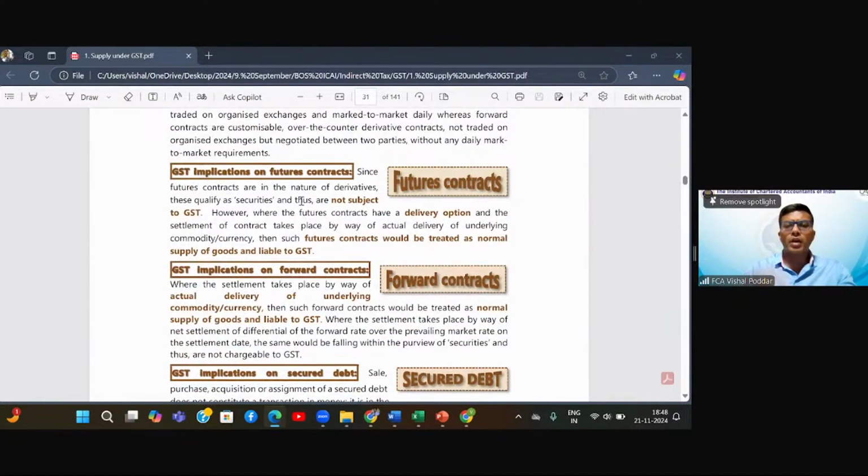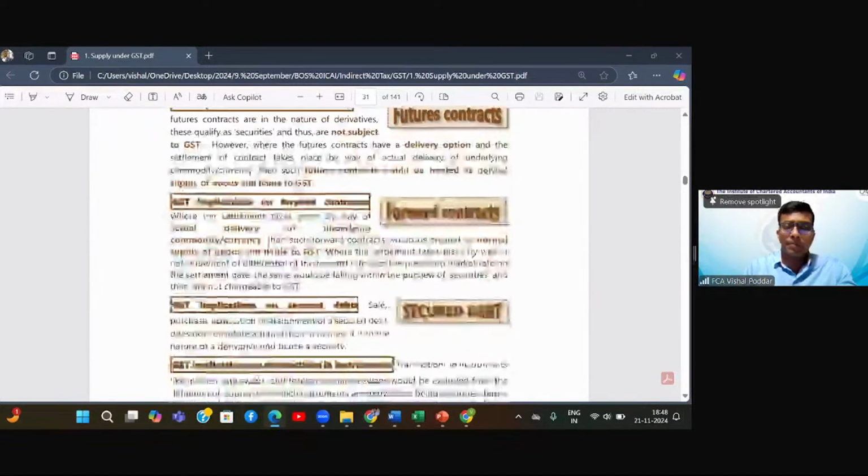So whatever of this are covered in the definition of securities as per the SCRA, those will not be liable to GST. However, where any of this is not covered in the definition of securities, then whenever you deal in those items, that will be liable to GST.